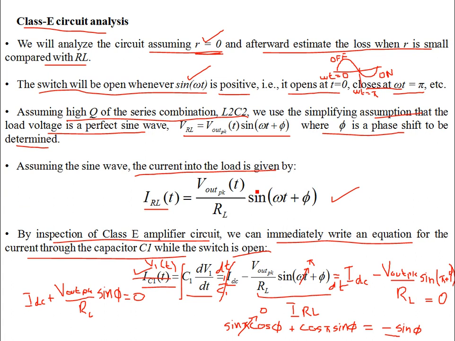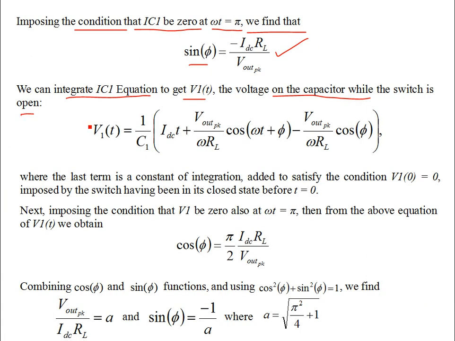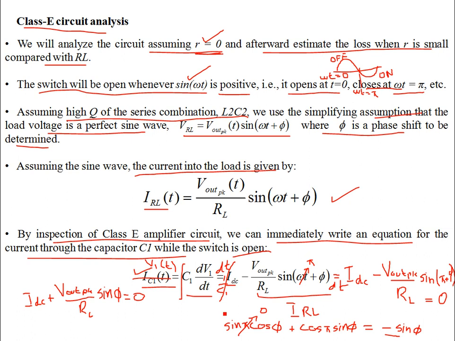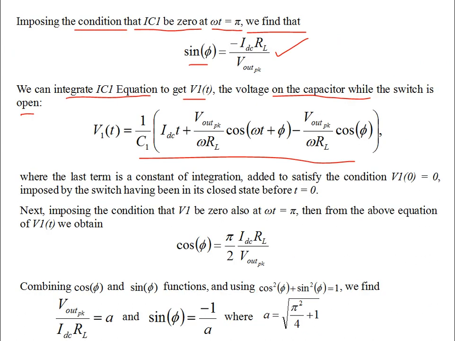So you keep the switch open, you integrate this, and you have this expression for the node voltage. As you can see from here, there are two terms. If you integrate with respect to t, you have IDC t, then from sine it will become cosine with omega in the denominator, and there's a third term as well over here.